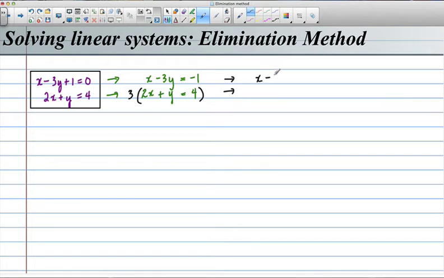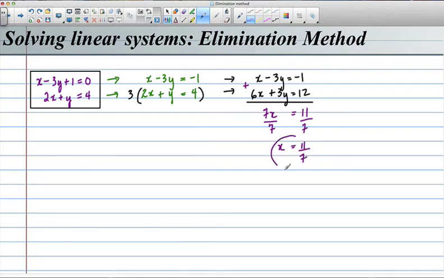The first equation stays, and the second one becomes 6x plus 3y is equal to 12. Now let's add up. We have 7x is equal to positive 11. Divide by 7. So x is going to be 11/7, which is okay.